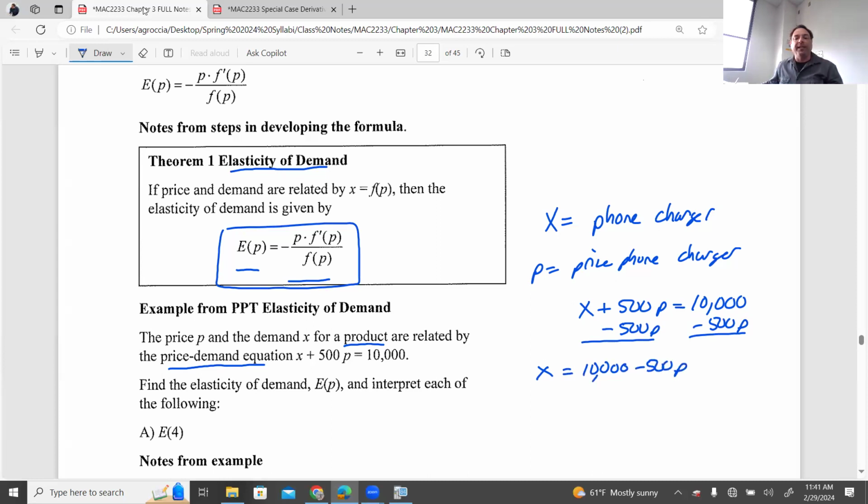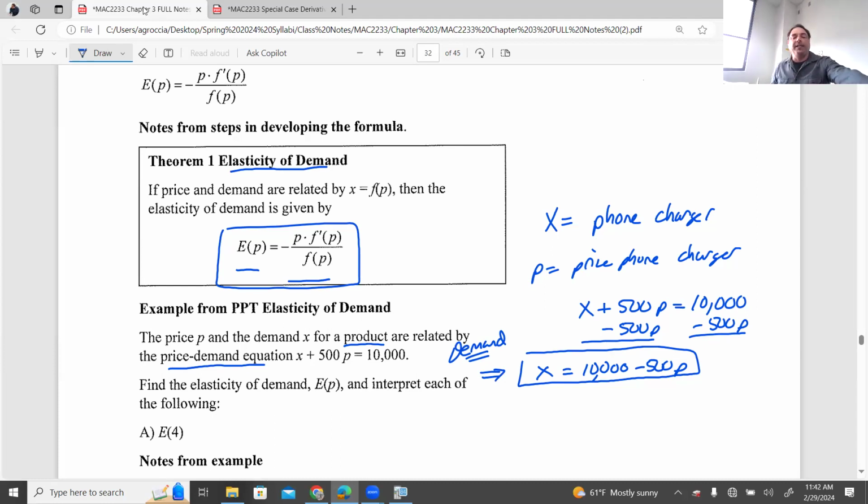Bottom line, you want it in the form where you can plug in for price, and then it tells you how many phone chargers you'll sell at that price. So this is the way we normally want our demand equation. Demand is X, how many. So we want it to be X equals, not P equals or anything like that.